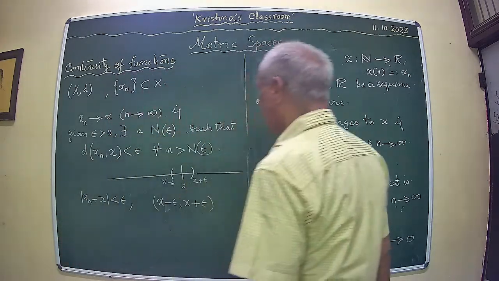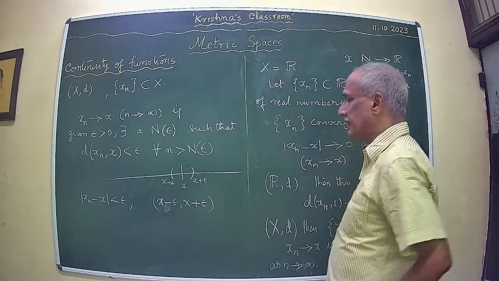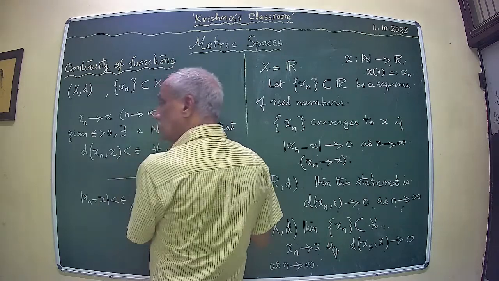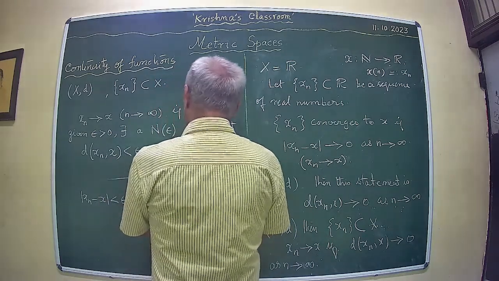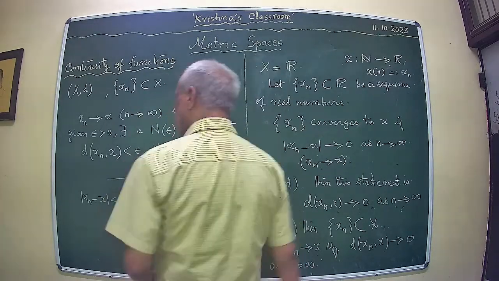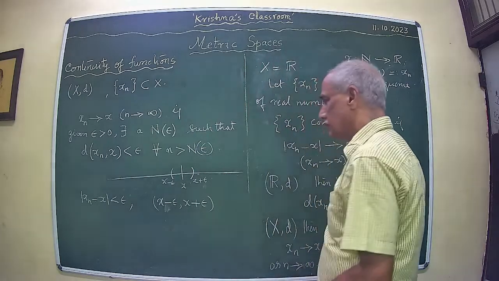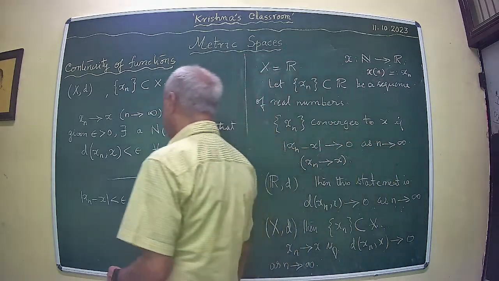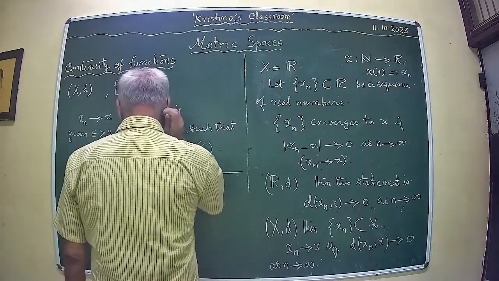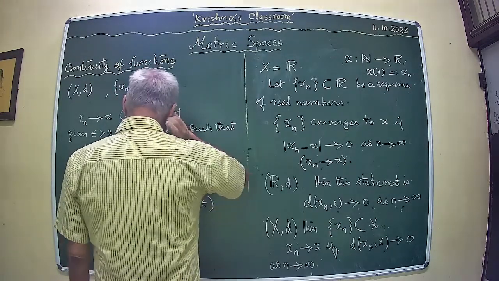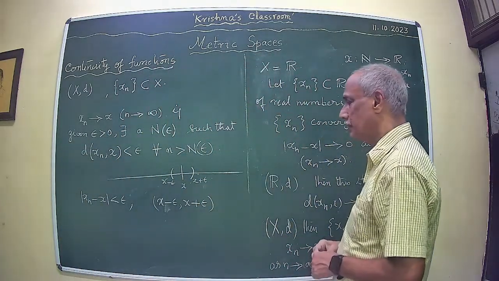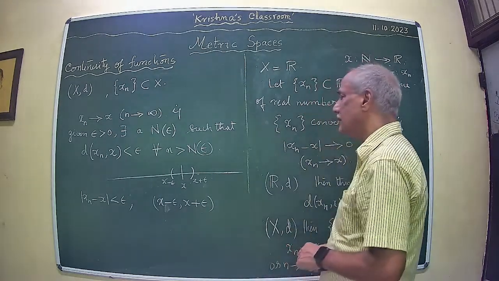So the statement that x_n converges to x means for every choice of positive epsilon, there exists a neighborhood (x minus epsilon, x plus epsilon) of x such that x_n belongs to this open interval for every n greater than N_epsilon.